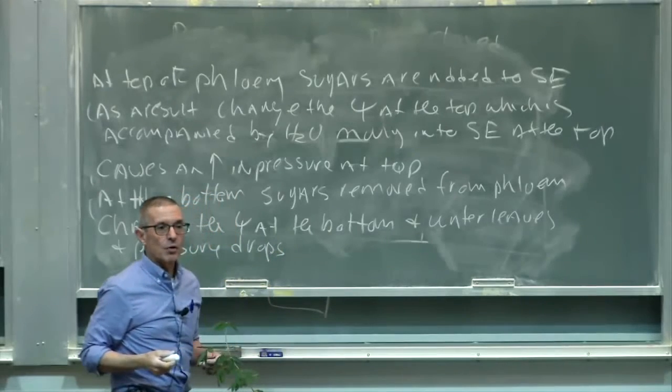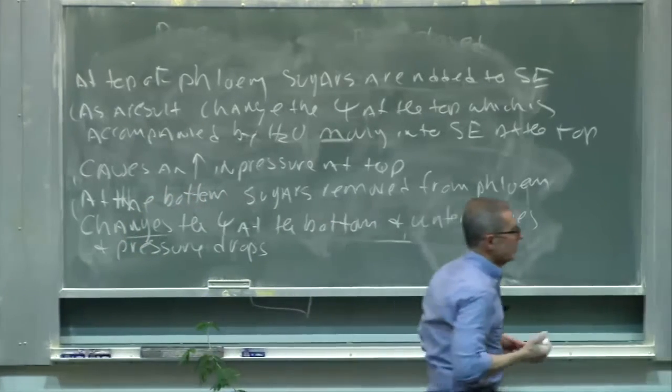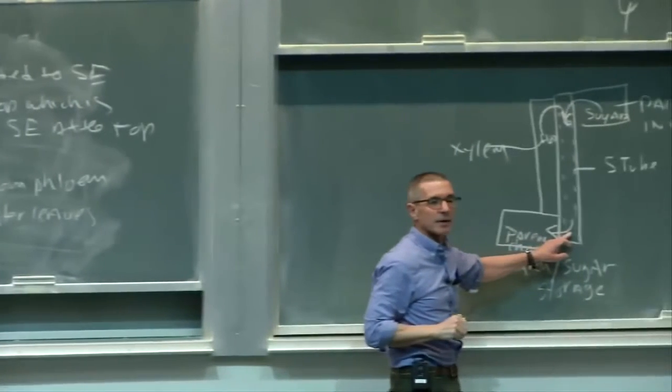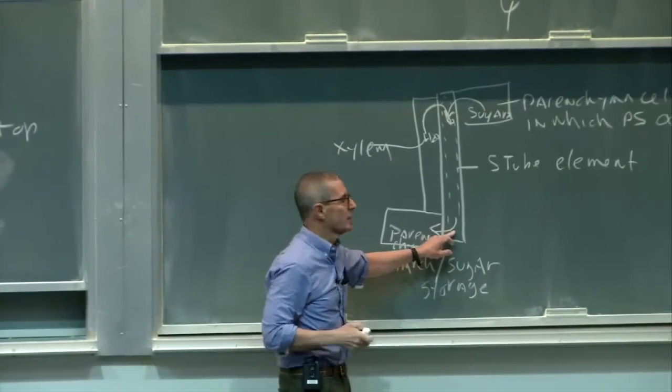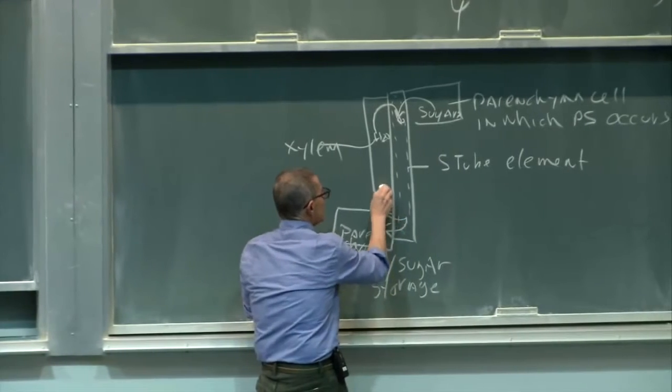Where does the water go? Well, we've now changed the water potential here in the sieve element, and some of the water goes back into the xylem again.